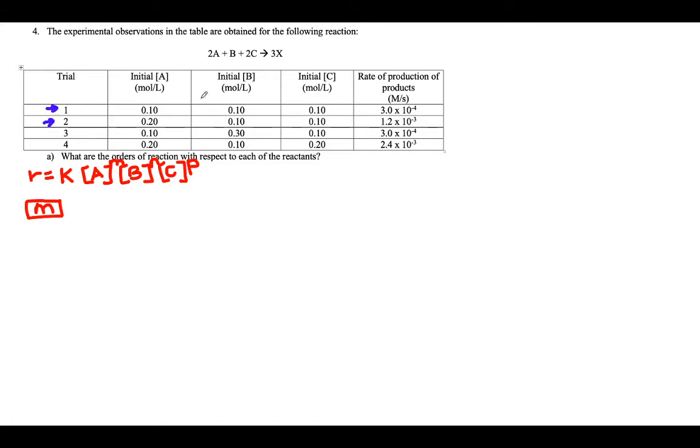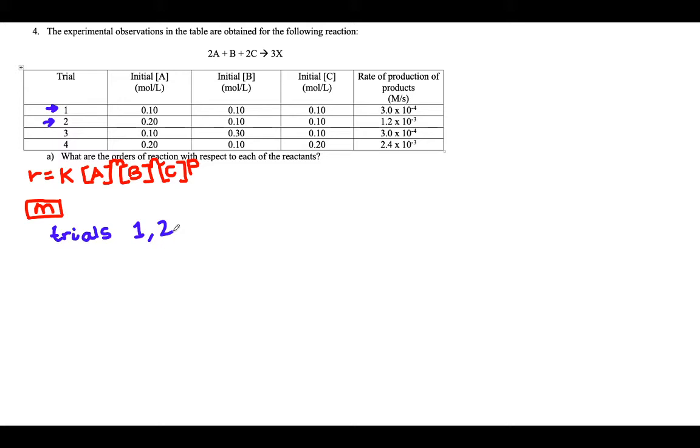So in trial 1 and 2, let's check if the concentration of B stays consistent. So this is 0.1, this is 0.1. It does stay consistent. The concentration of C, 0.1, 0.1. Okay, so my trials that I'm choosing are trials 1 and 2.